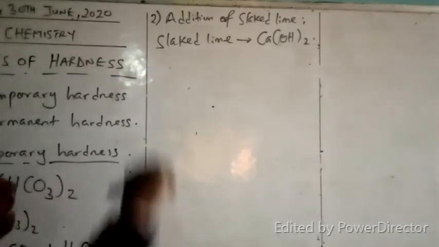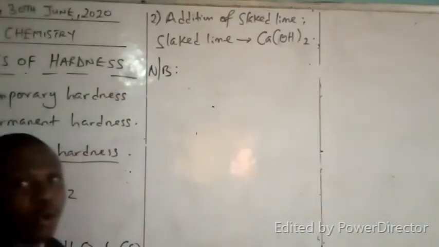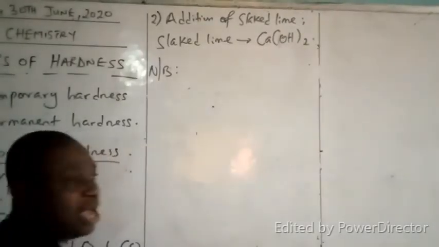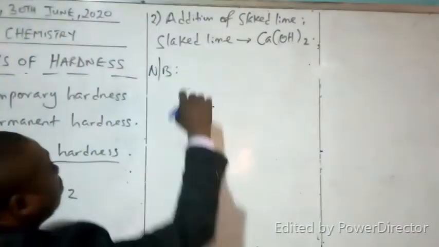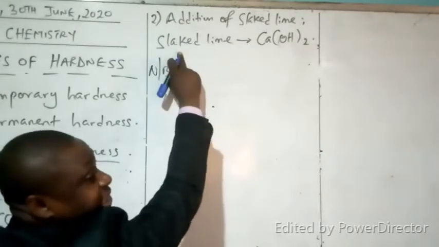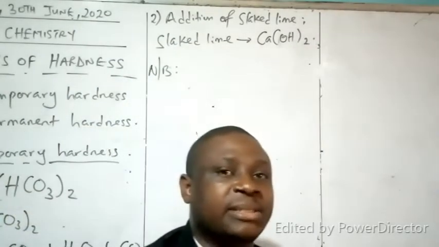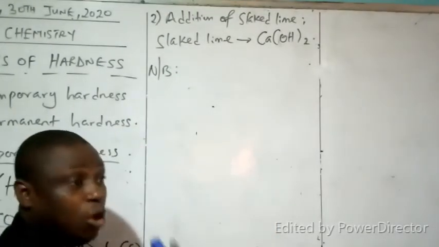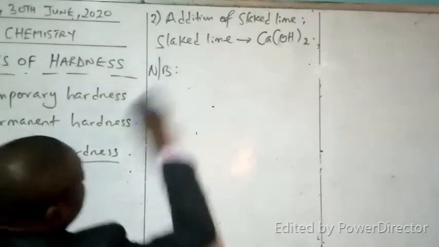Now, however, in this reaction, you have to take precaution. The addition of slaked lime is a calculated amount, that is, you do not add it in excess. Because if you add excess of calcium hydroxide, or rather excess of the slaked lime, what happens is that you will convert that temporal hardness to permanent hardness, which is going to take a lot for you to redeem in the nearest future.